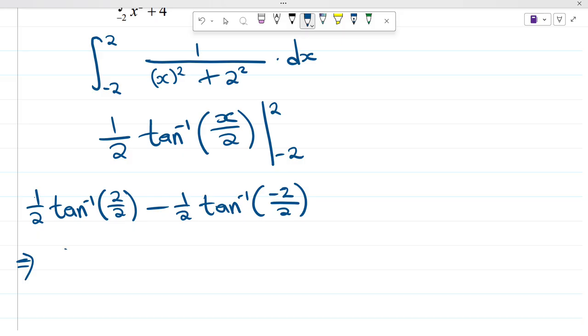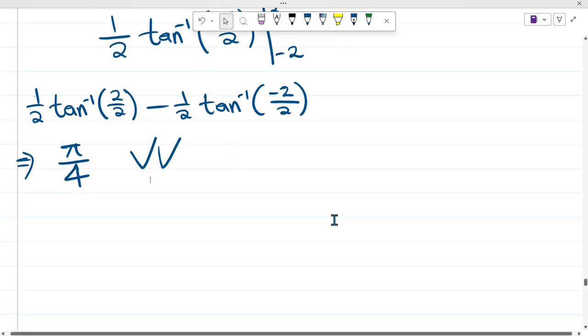Yeah, you should get something like pi over 4 as your answer. So this should be the correct answer, provided that you didn't make a mistake, of course. You should have gotten the answer that I've gotten.